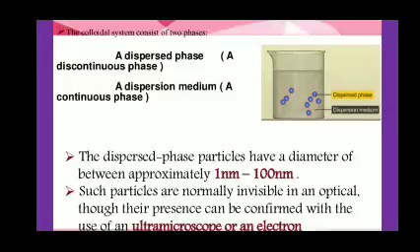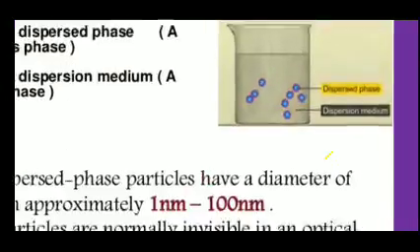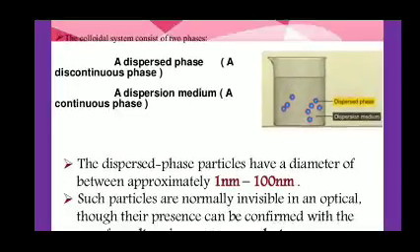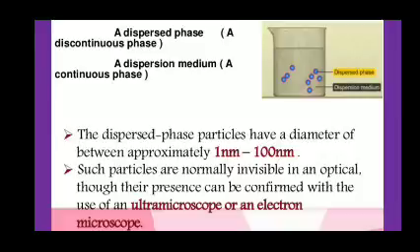A dispersed phase, dispersion medium. Dispersed phase particles have a diameter between approximately 1 nanometer to 100 nanometers.